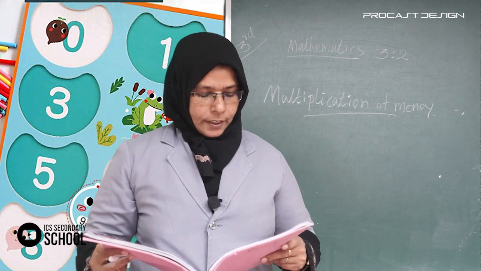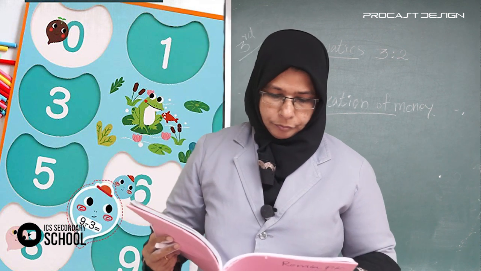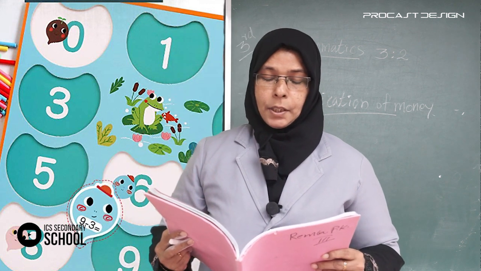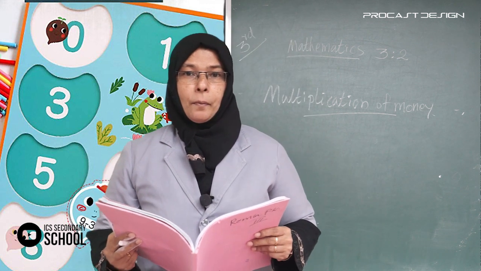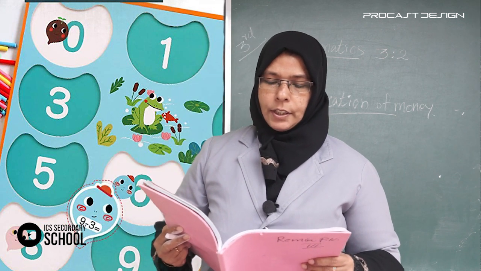All of you take your textbook. Page number 64. All of you listen carefully. A pencil costs rupees 1 and 75 paise. Find the cost of 6 pencils. In this problem, we multiply these two numbers.